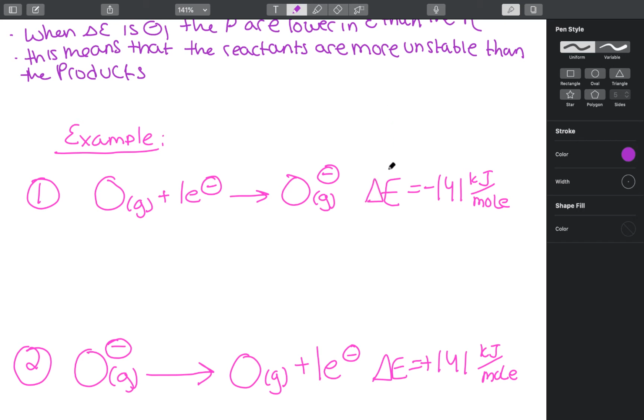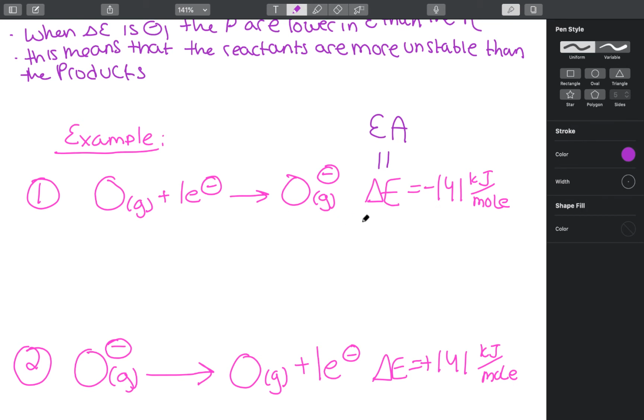This change in energy is equal to the electron affinity. So this process, when you add an electron to the neutral oxygen atom, has a negative delta E.